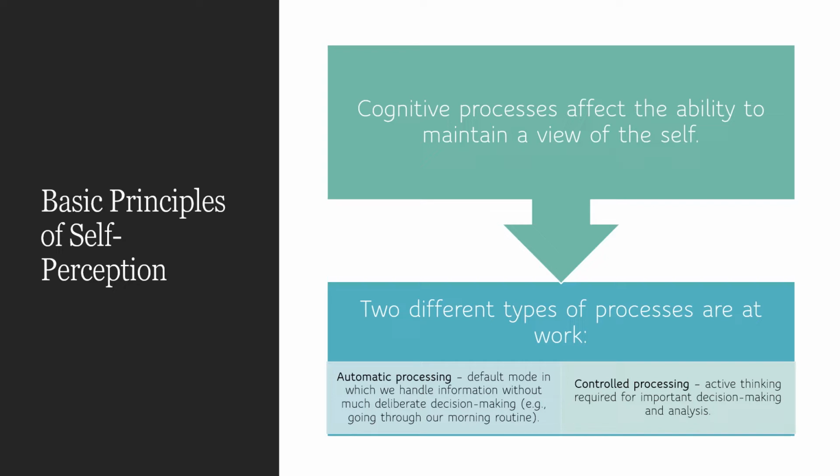If we want to change those, we have to be aware of those thoughts and those behaviors, and move that intention into the realm of controlled processing. So think about what you do or what you think about automatically. What are your default thoughts?